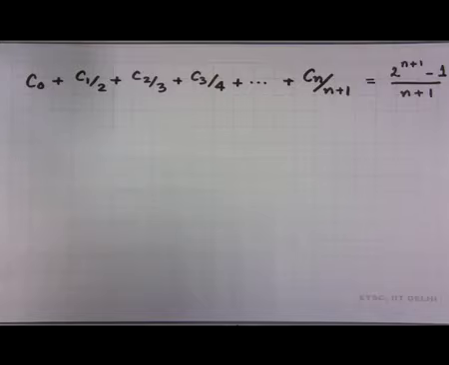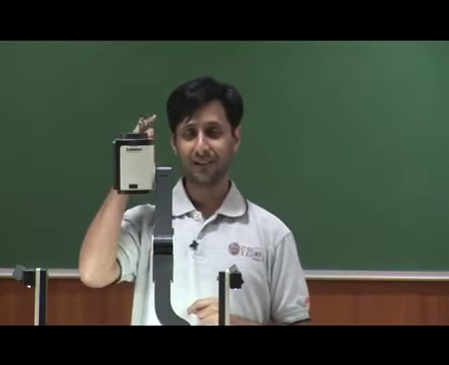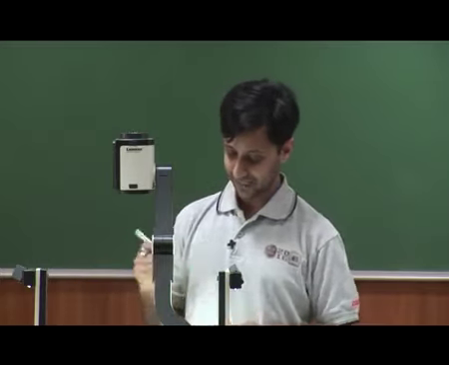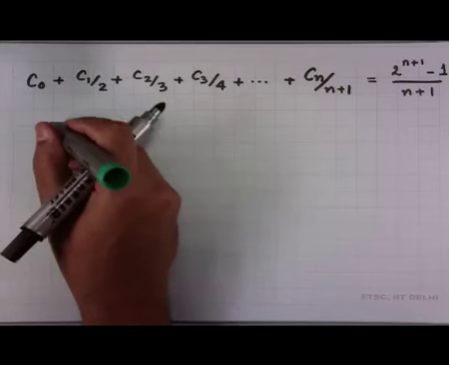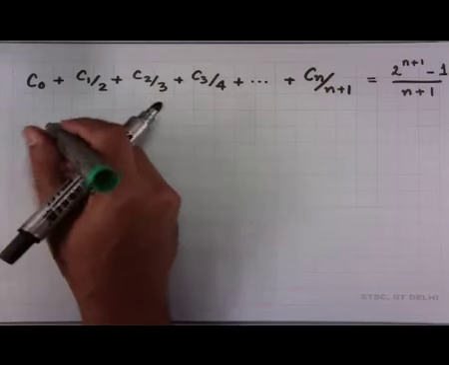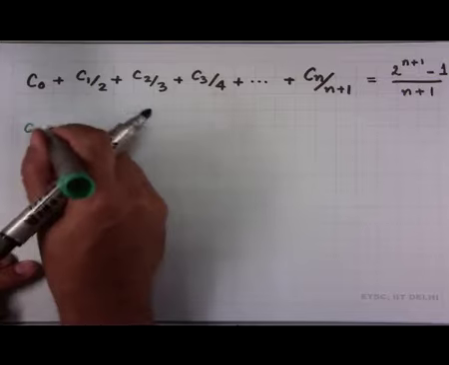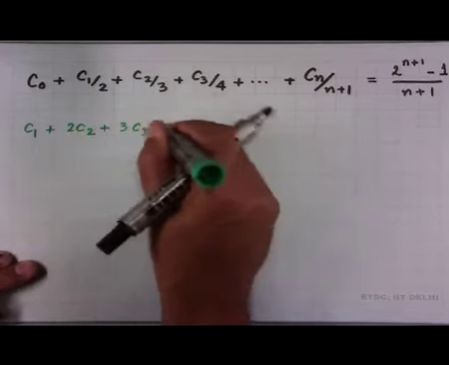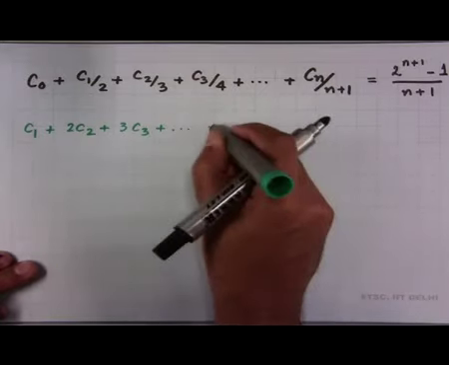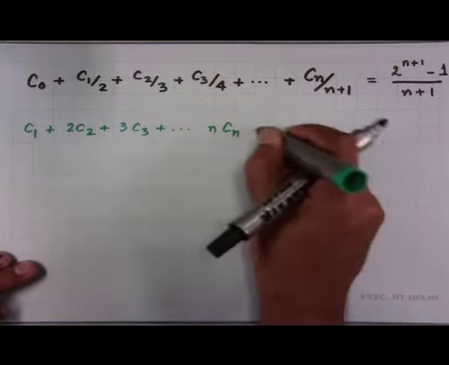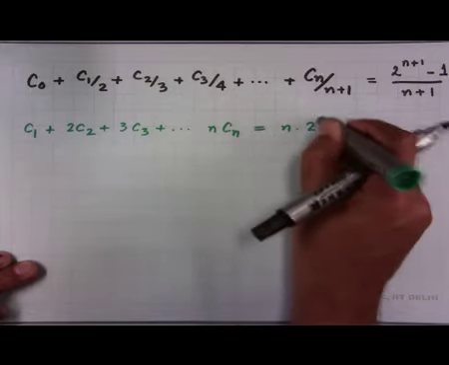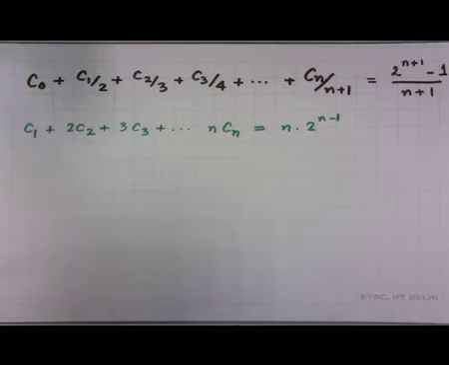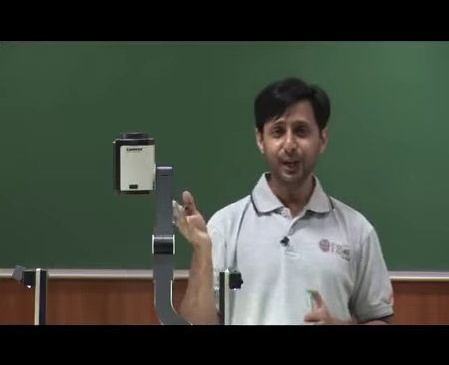So, look, earlier we had done a problem which looked like this: C1 plus 2C2 plus 3C3 all the way till nCn is equal to n into 2 power n minus 1. How did we do it? You remember how we did it?